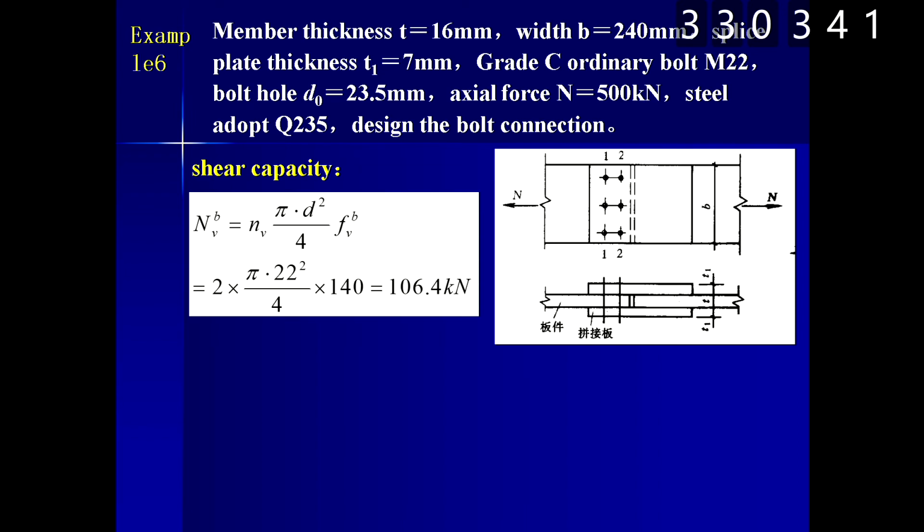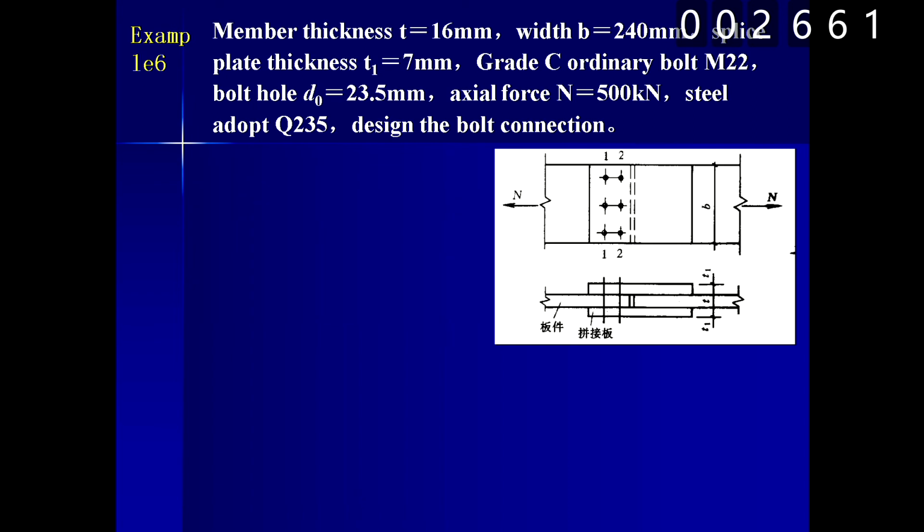MVB, right? So, what's this? Why should we calculate the MVB? For this case, why do we need to calculate the MVB? Okay, now I suppose that everyone knows how to calculate.